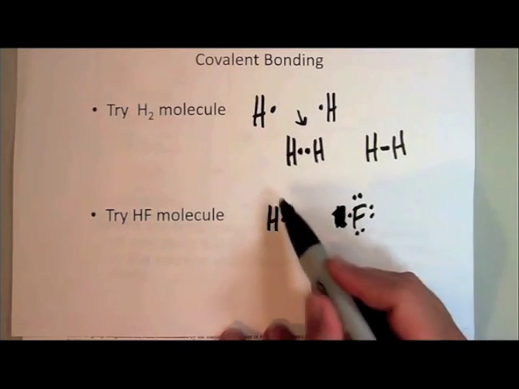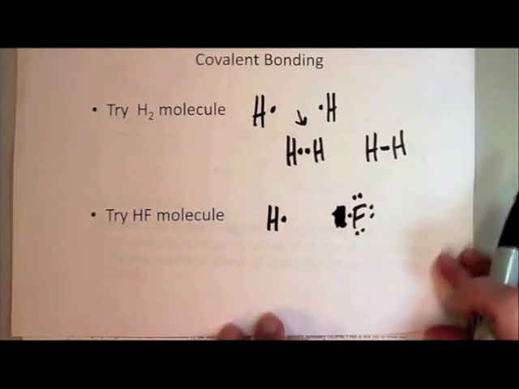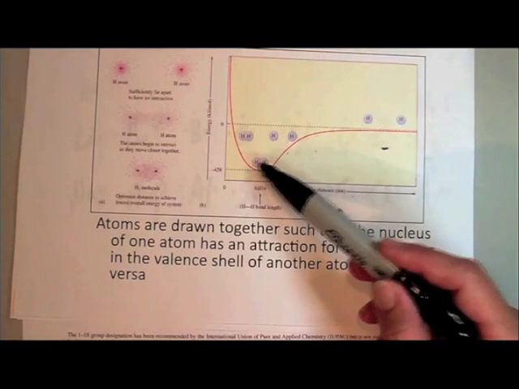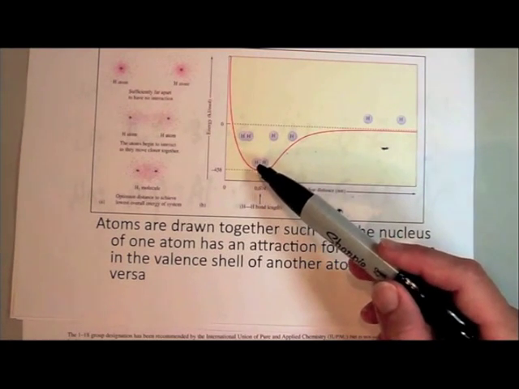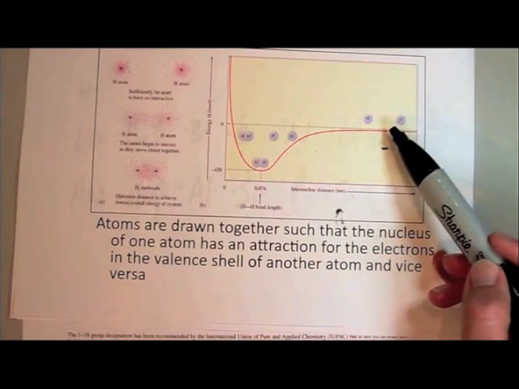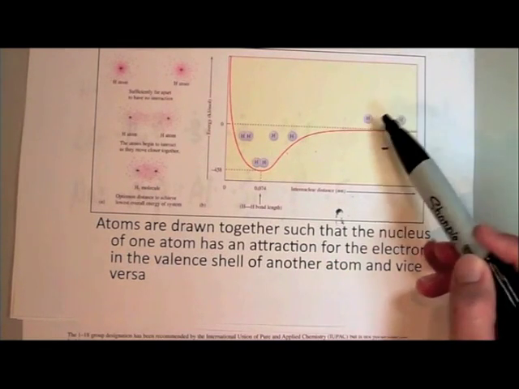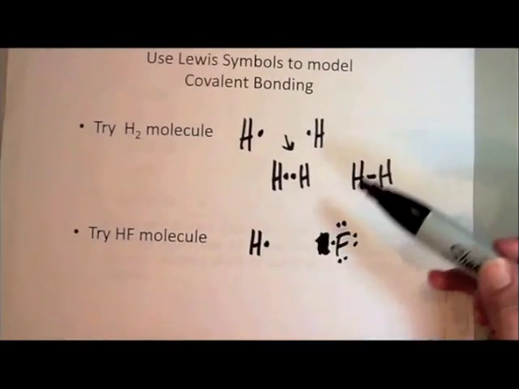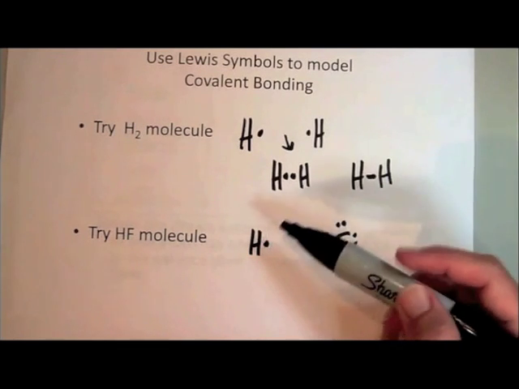That's why it moves to a lower energy. It's energetically more favorable for hydrogen to have 2 electrons in its valence shell than 1. It's higher energy when it's by itself and moves to a lower energy state when it's together. For hydrogen, that happens to be 2 in the valence shell.